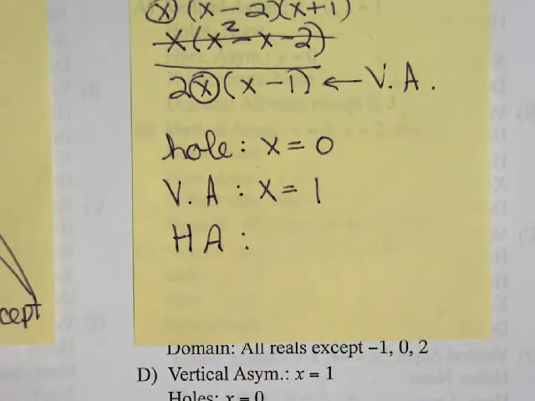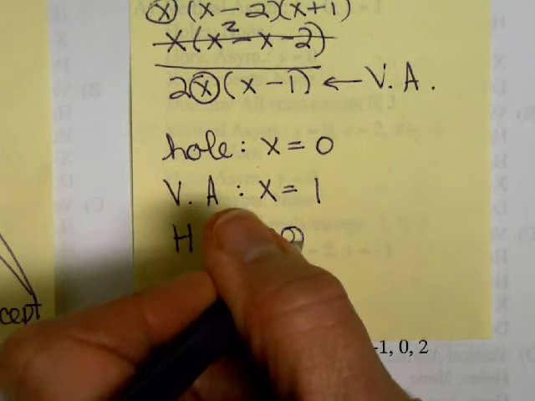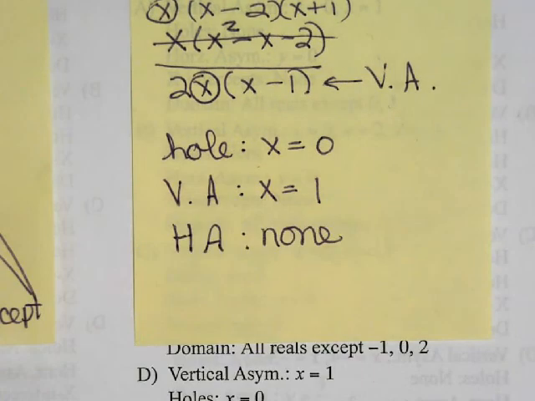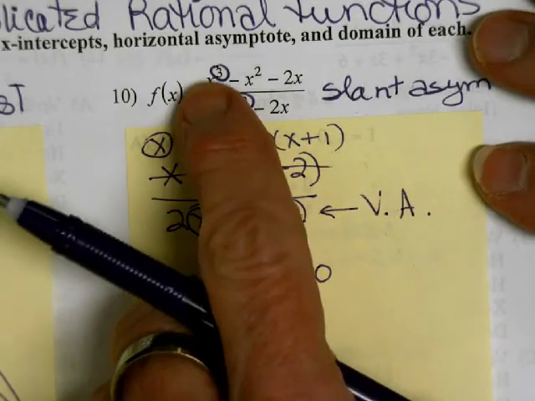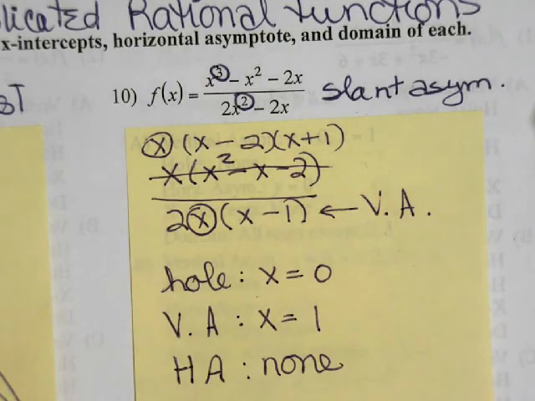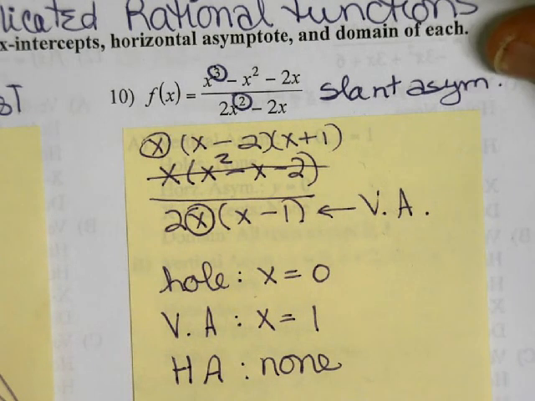Therefore, there is no horizontal asymptote. You didn't have to say what the slant one was, thank heavens, because you'd have to take extra time to divide, but at least you know when the power in the numerator is higher than the power in the denominator, we have a slant asymptote. It fooled me. 5th period fooled me.